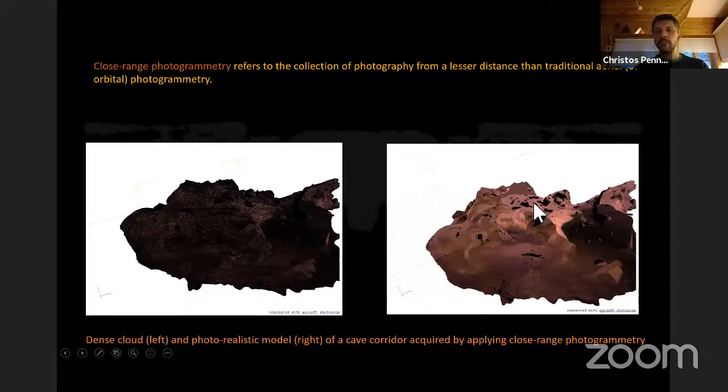So it's not very accurate. There are some issues here, as you can see. There are some blind spots. There is some information that is missing. And probably this is because I haven't followed the rule: the more pictures you take, the better quality the image will have at the end.